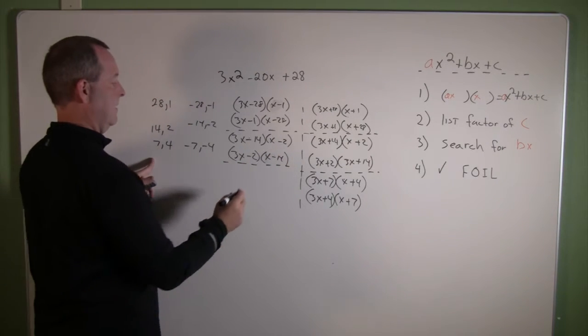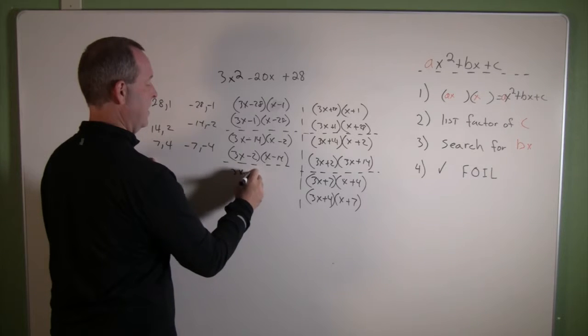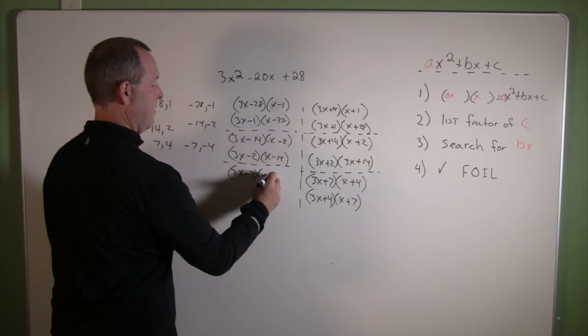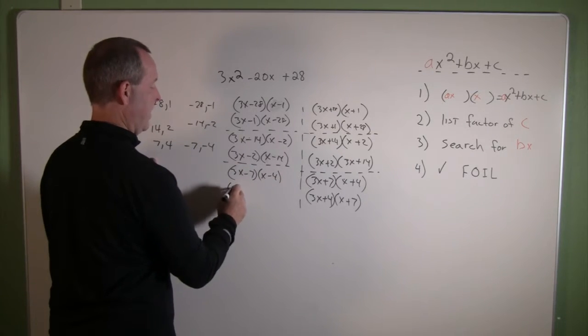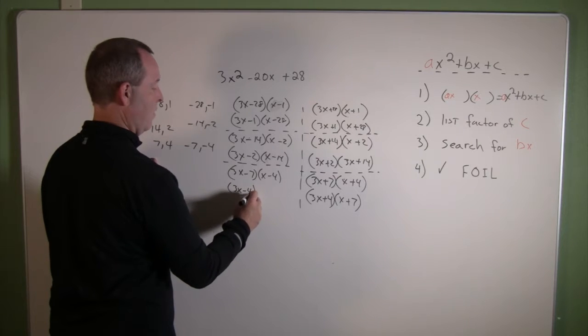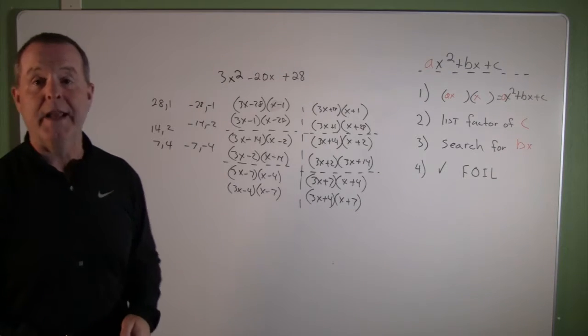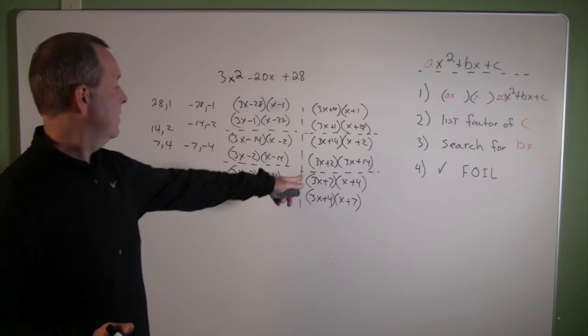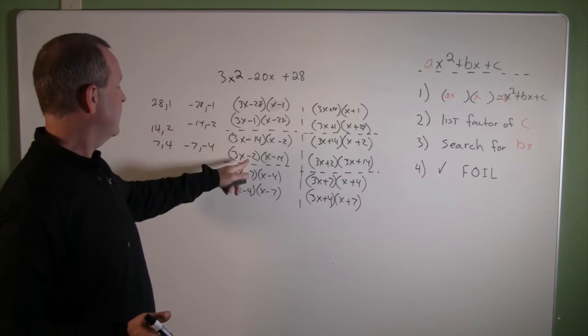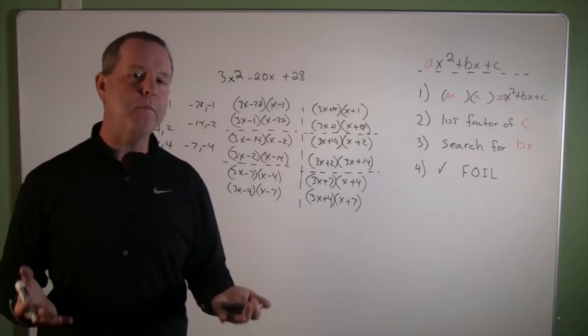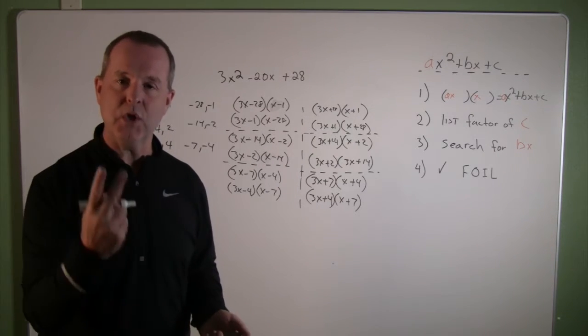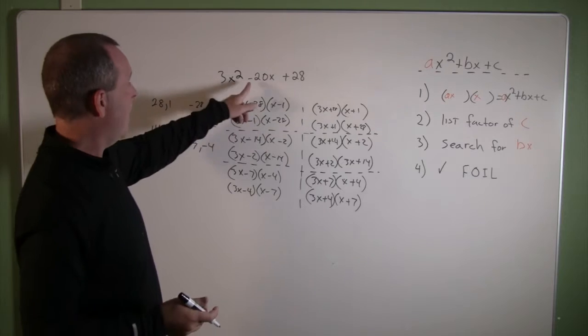And then the last set is 3x minus 7 and x minus 4, and the other possibility, 3x minus 4 and x minus 7. So in total, I have 1, 2, 3, 4, 5, 6, 7, 8, 9, 10, 11, 12 possibilities that meet two of the requirements of this trinomial.